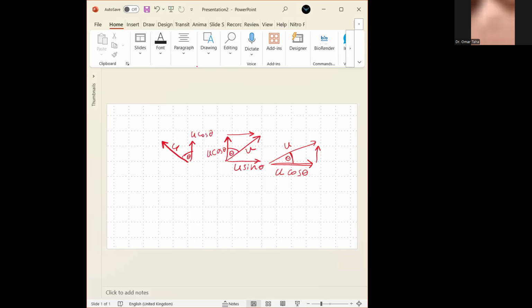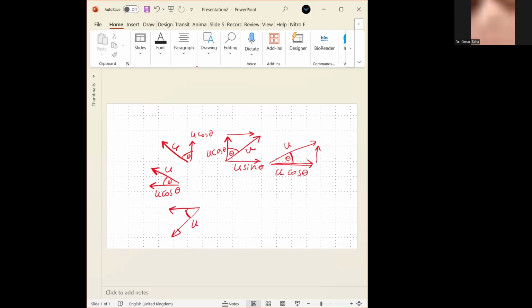Now what if u is going that way and you want to get this component, and the angle here is theta? As long as the angle lies in between the vector and the component you want to get, this is again u cos theta.